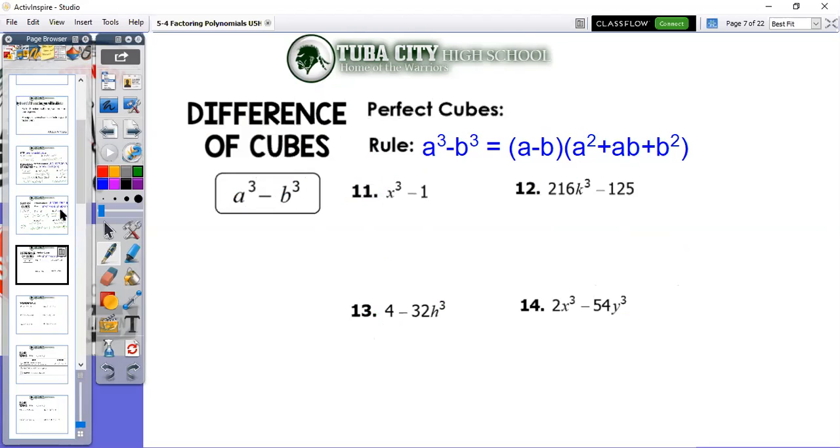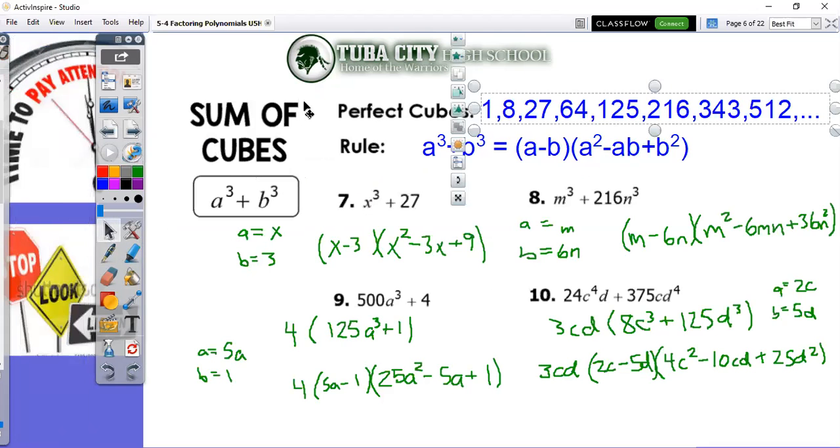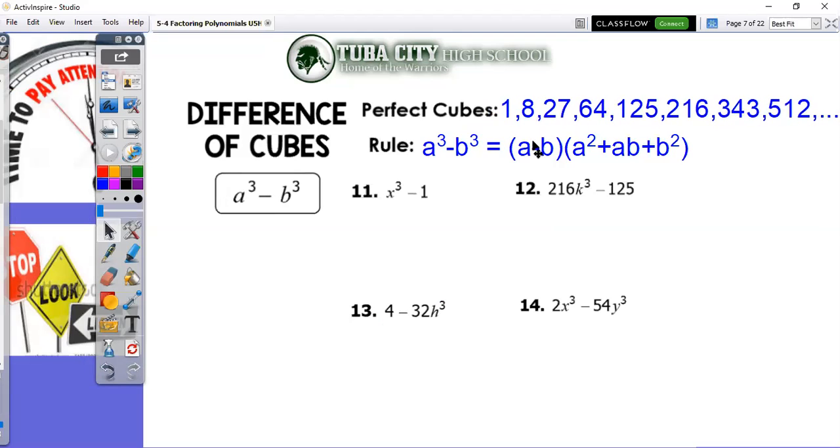Oh, actually, we should check to see if both of them are cube numbers.